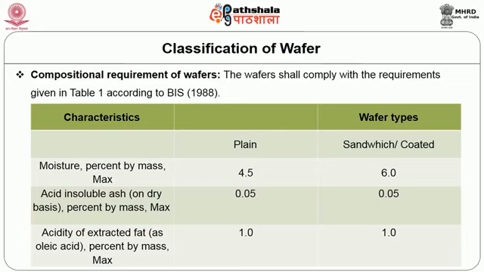Acid insoluble ash on dry basis, percent by mass, should be maximum 0.05% for plain and sandwich coated wafer, whereas acidity of the extracted fat as oleic acid percent by mass maximum should be 1%.